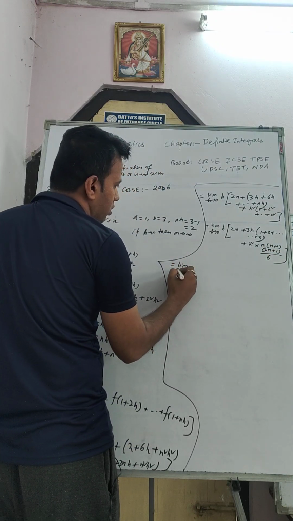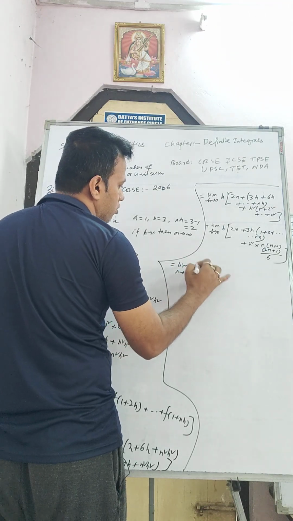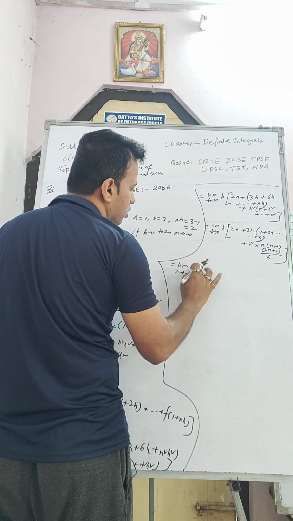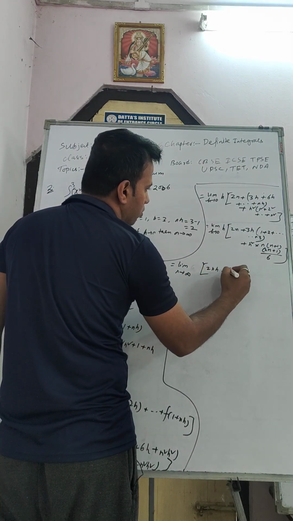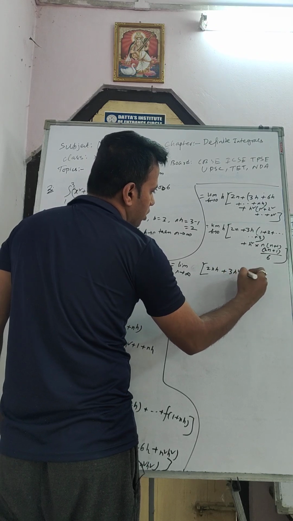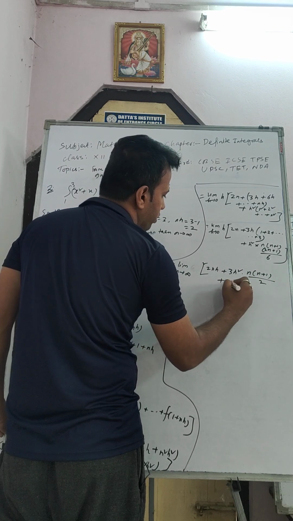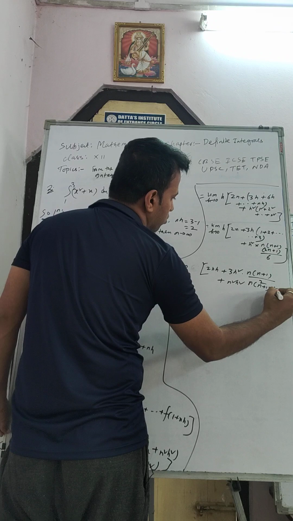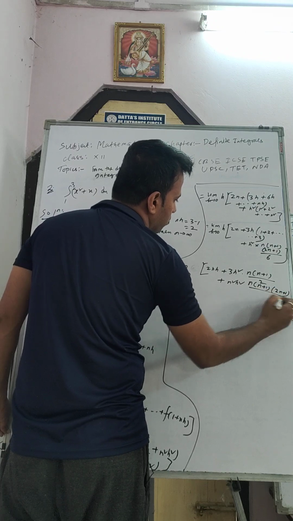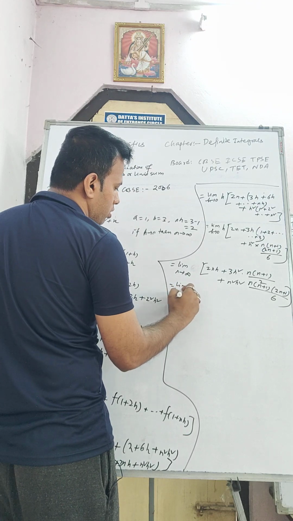Now come here. I can replace n tends to infinity. Here it will be 2nh, here it will be 3h square, and the formula is n into n plus 1 by 2, plus n cube h cube, n into n plus 1 into 2n plus 1 by 6. Okay, now I replace this one.